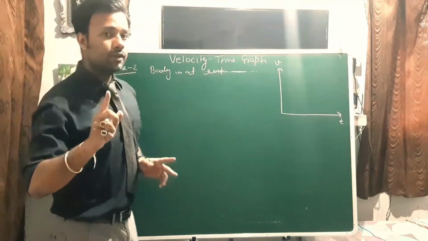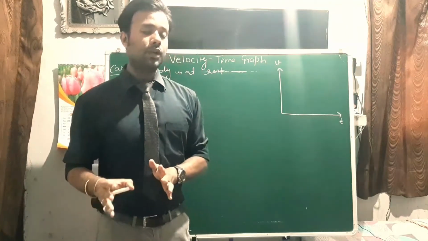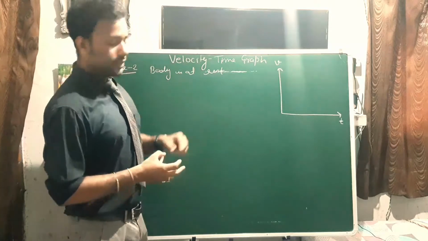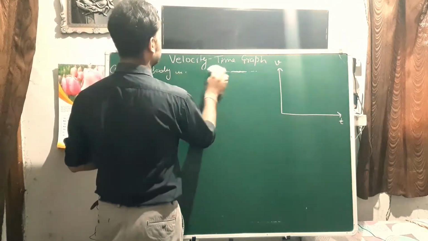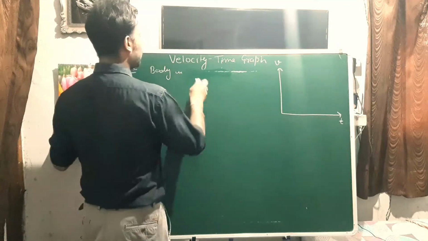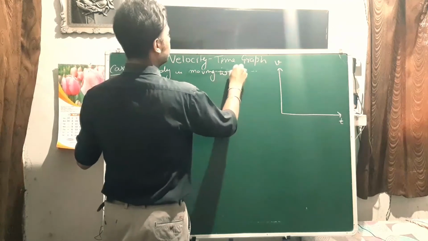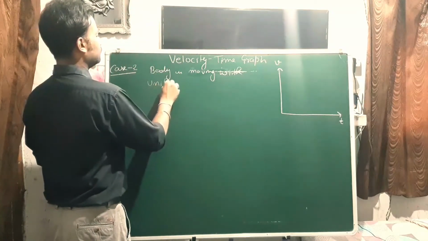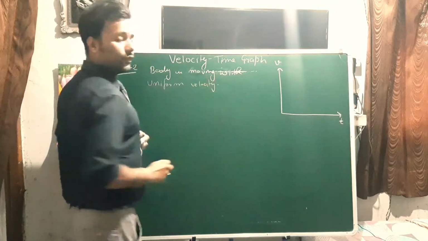What was case number 2 in the displacement time graph? Body is moving with uniform velocity. So the same case is here also. Body is moving with uniform velocity.